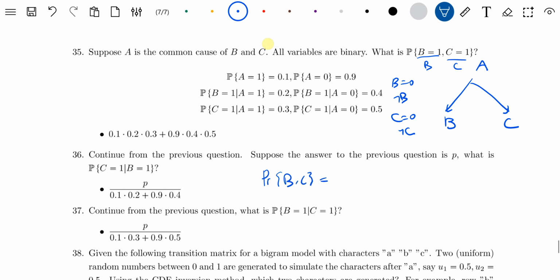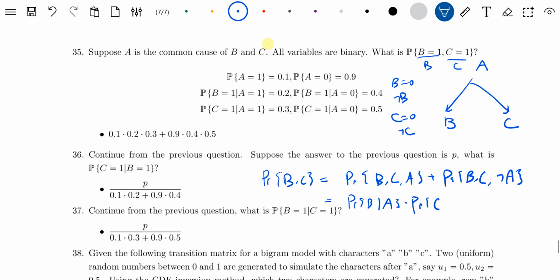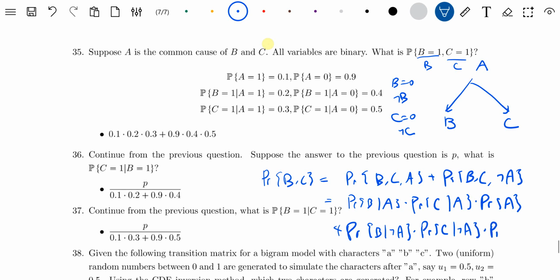You need to, again, marginalize A. So BCA plus BC not A. And in a Bayes net, you can just take the product of each one given their parents. So B has parent A, and C has parent A, and A does not have a parent, plus B given parent not A, C given parent not A, and not A.